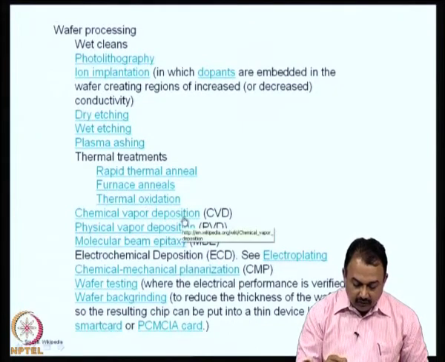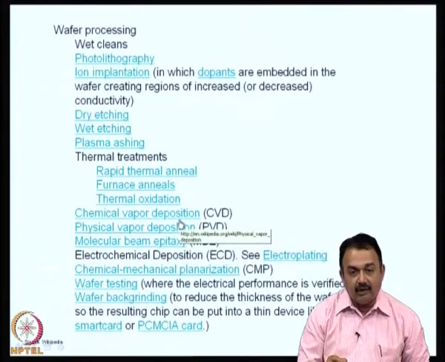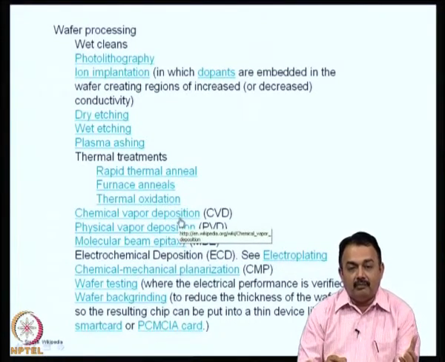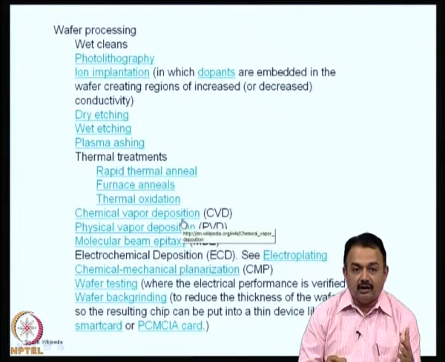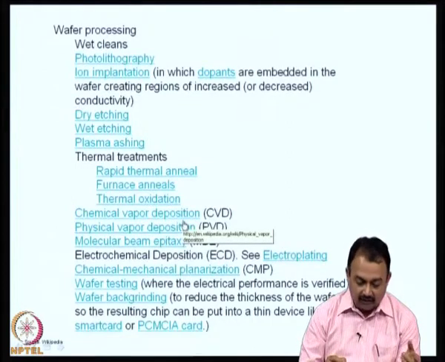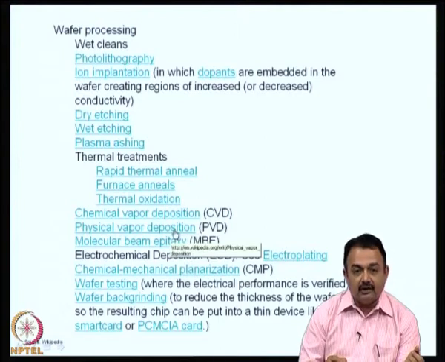Now, you can deposit metals or conductors using chemical vapor deposition, where a reaction between materials can deposit certain required chemical vapors, which sit on the surface of the host material. Then you can have physical vapor deposition, again at different conditions.